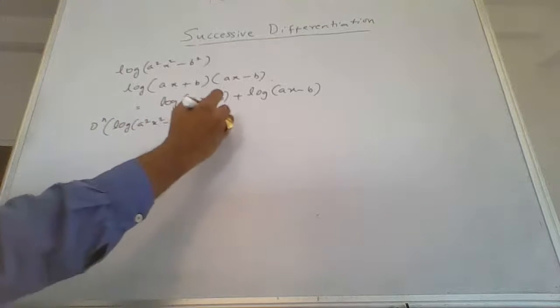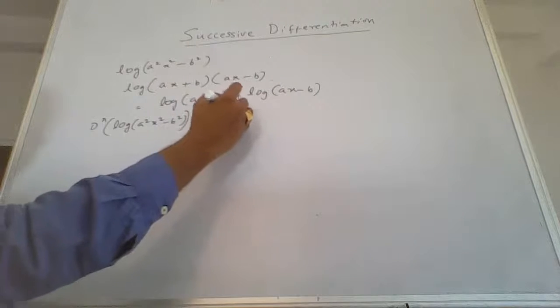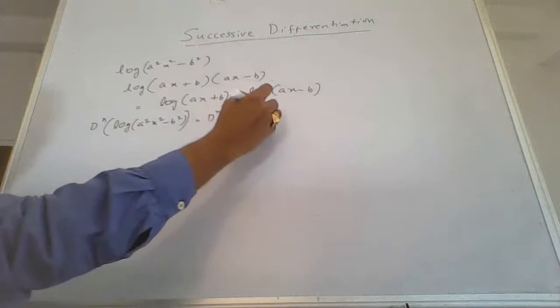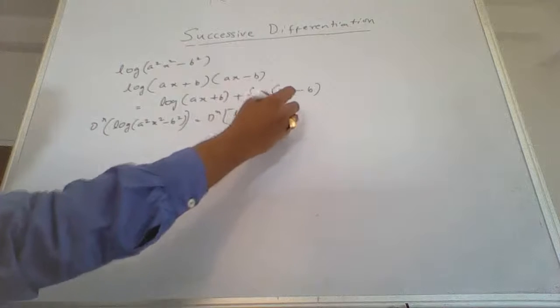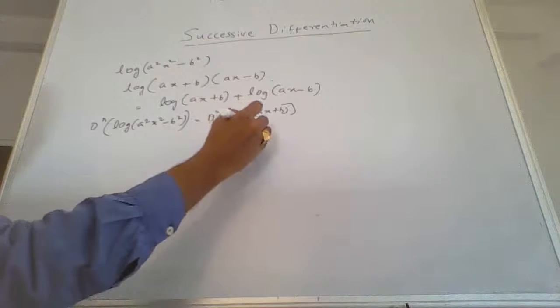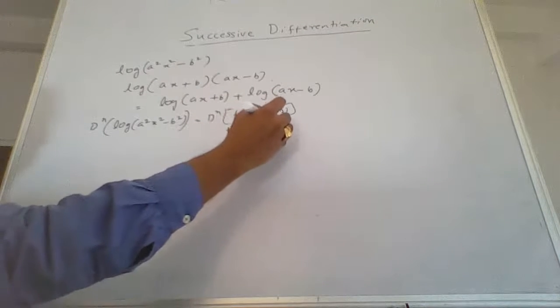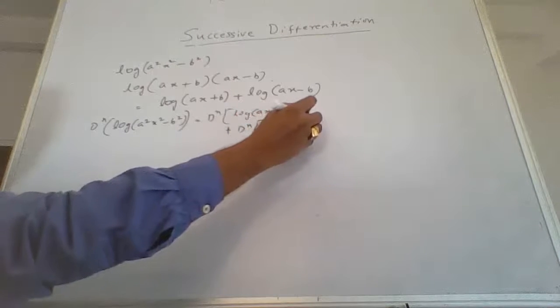So this will be dn of log of ax plus b plus dn of log of ax minus b.